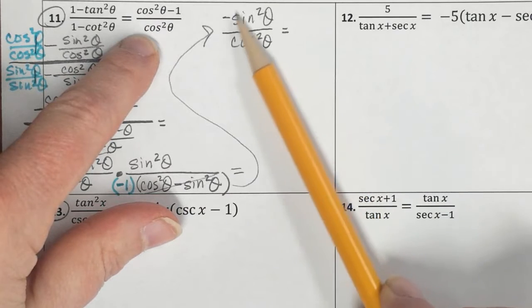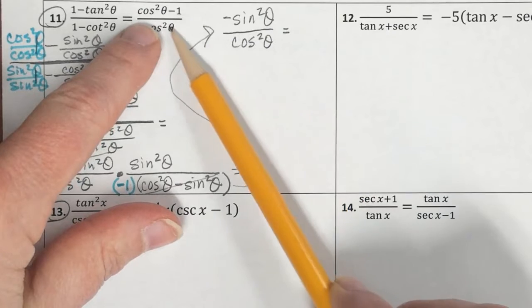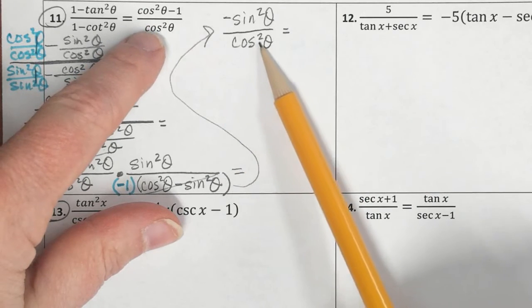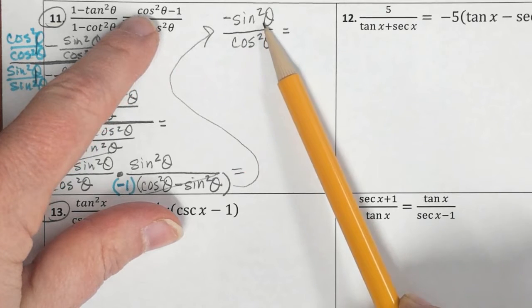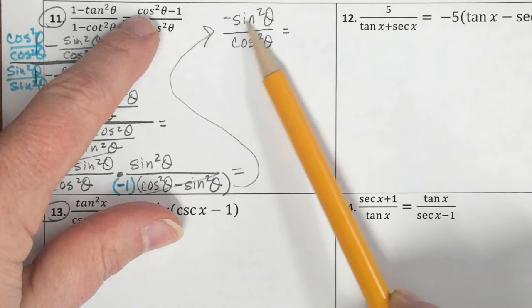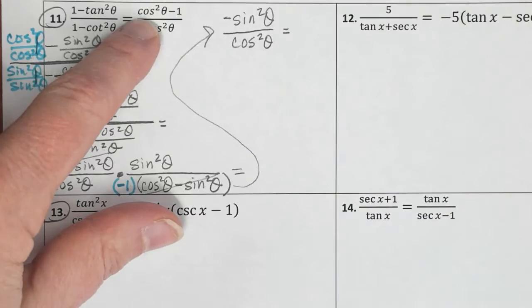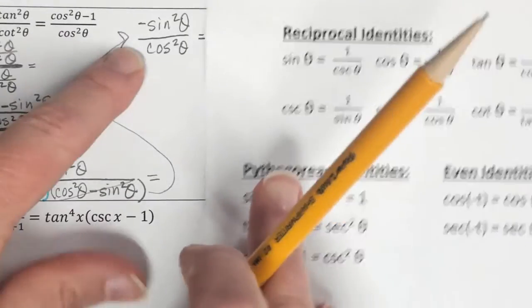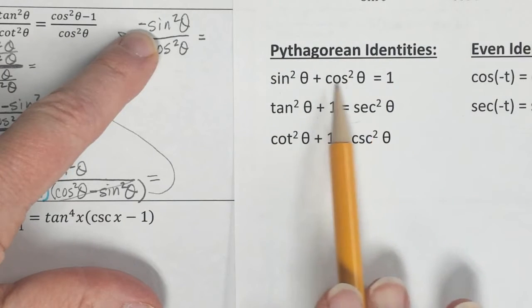So what we need to do is manipulate this a little bit so that we can get to that form. Now the cosine squared in the denominator we've already established. But I need to rewrite the negative sine squared theta as cosine squared minus 1. You can't just make that jump right away. You have to show me that sine squared is equal to 1 minus cosine squared.